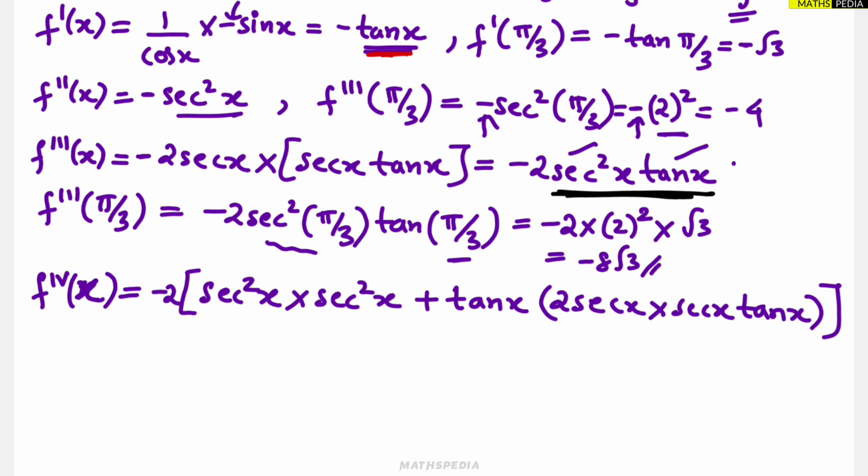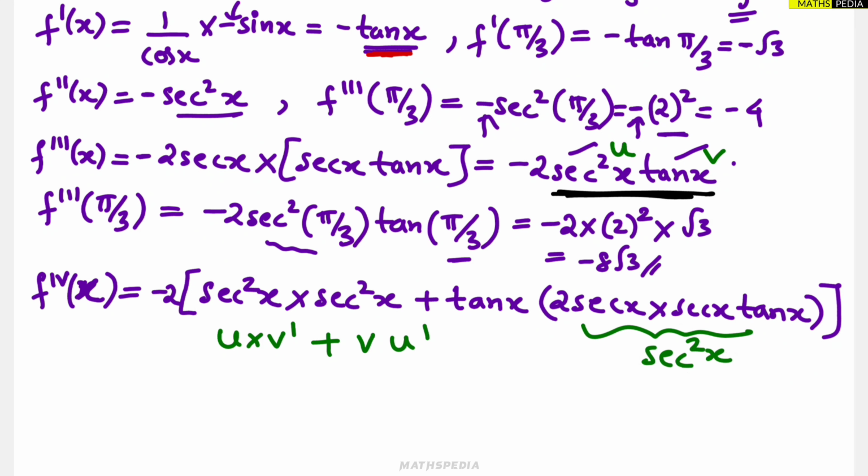You may be confused about what I have done. See, this is u and this is v, so which rule am I applying? u into the differentiation of the second function plus v into the differentiation of the first function. So this is the differentiation of sec square x, and this is as it is, and this is the differentiation of tan x.